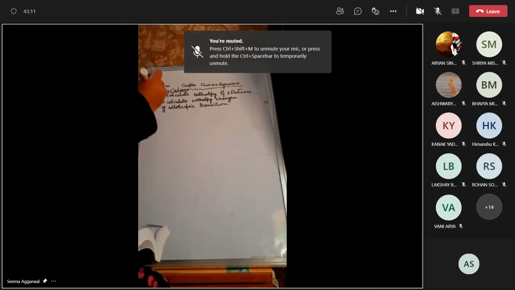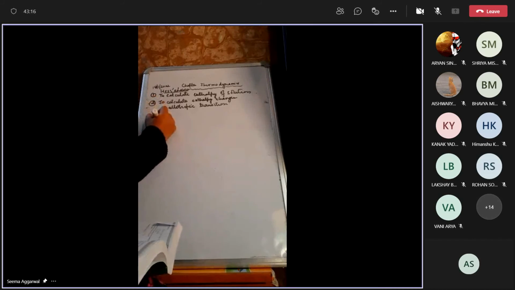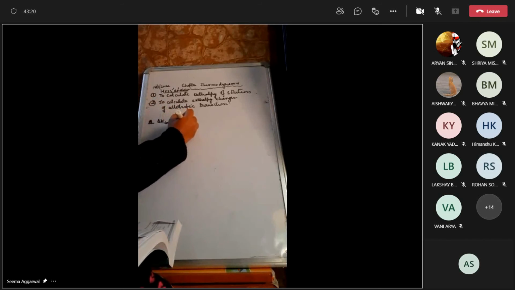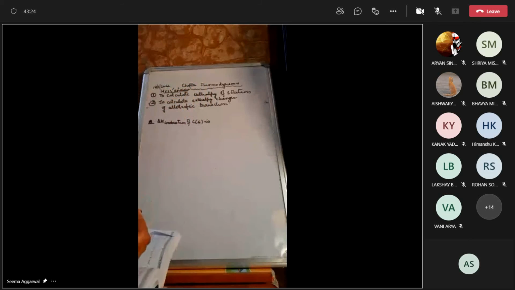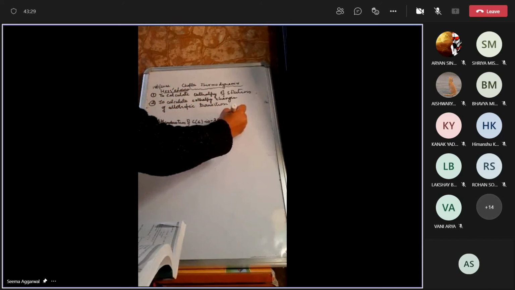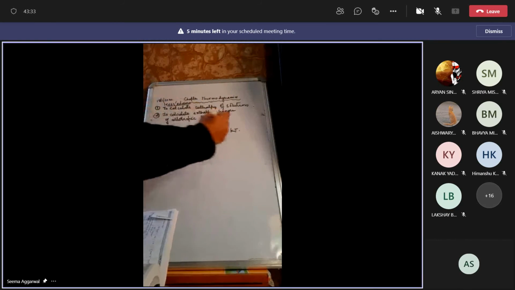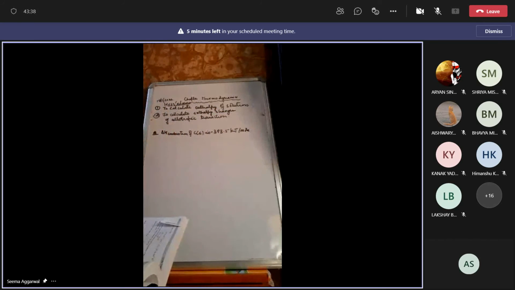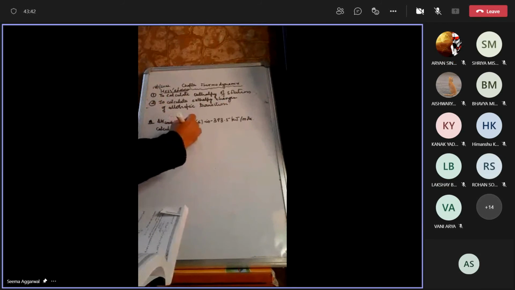Question is: enthalpy of combustion, delta H combustion, of carbon solid is minus 393.5 kilojoules per mole. This is not from NCERT.